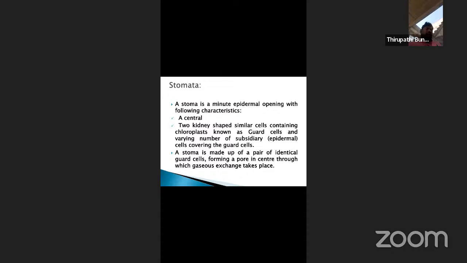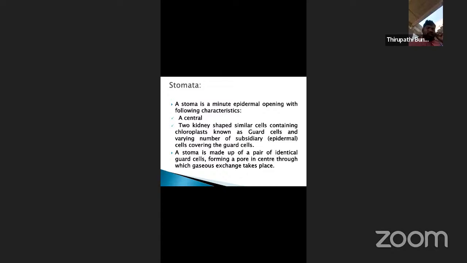Anatomical classification of leaves: dorsiventral leaves have distinct upper and lower surfaces, commonly called upper surface adaxial, lower surface abaxial.